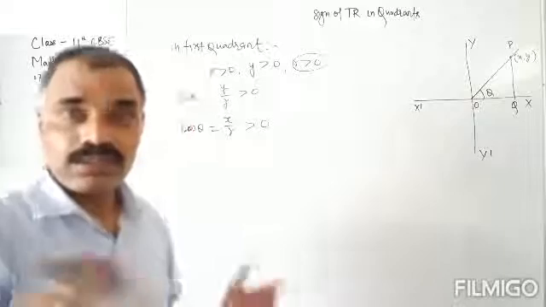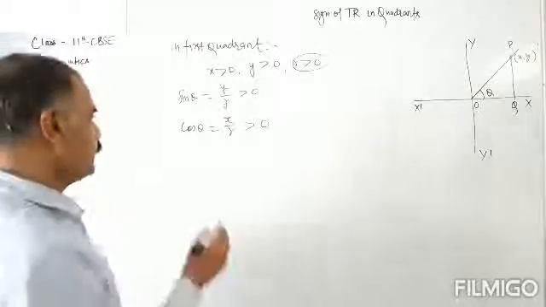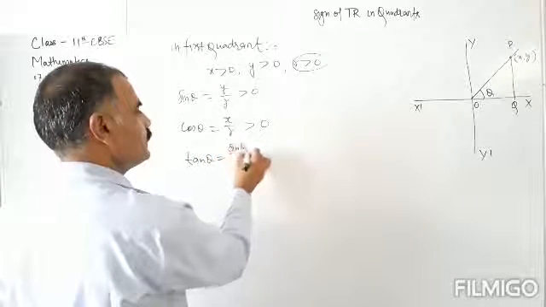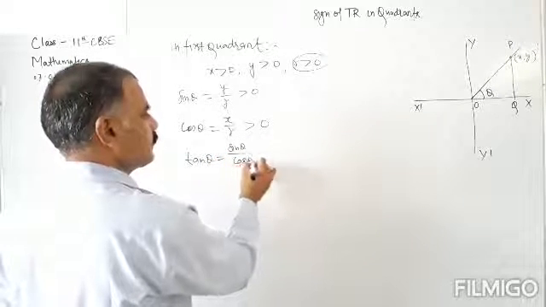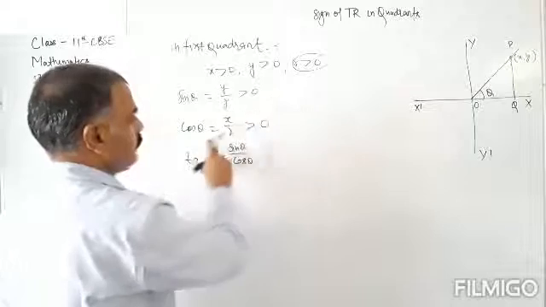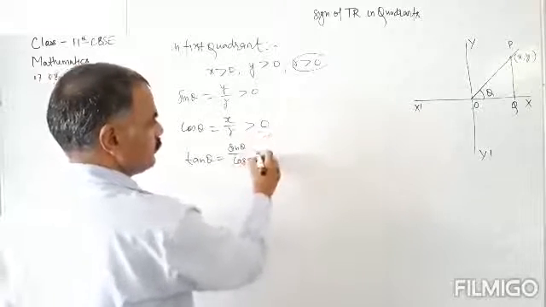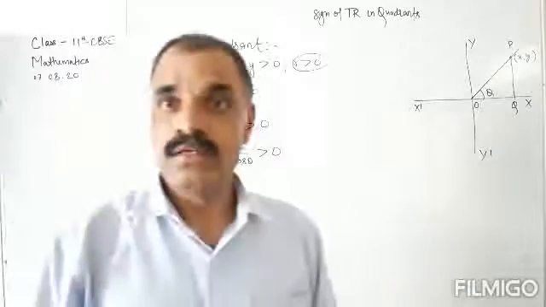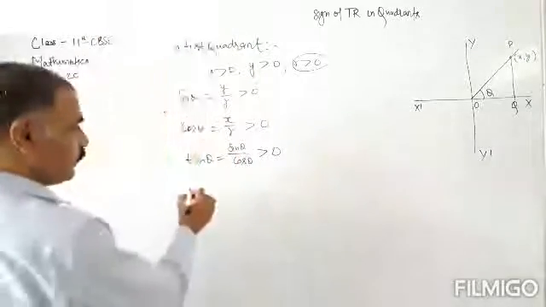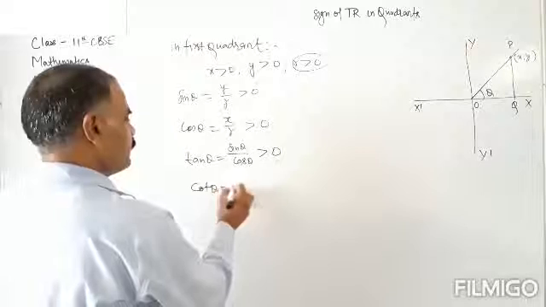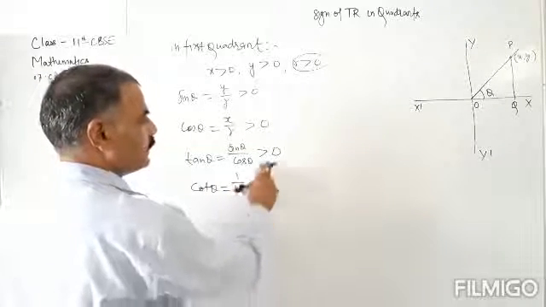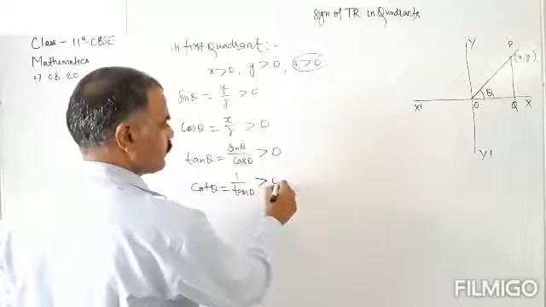Okay, now other trigonometric ratios, that is tan theta. Tan theta is equal to sin theta upon cos theta. Sin theta is positive and cos theta is also positive, and positive upon positive is greater than 0. So tan theta is greater than 0. Okay, and cot theta is the reciprocal of tan theta, and tan theta is greater than 0, that is why cot theta is also greater than 0.